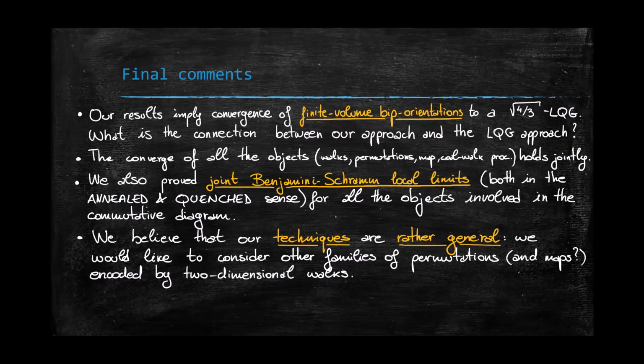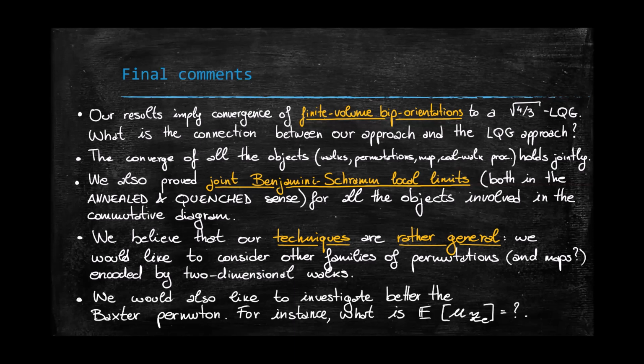And in order to find families of permutations that are encoded by two-dimensional walks, we think that a key tool is to use families of permutations that have been enumerated using generating trees. And recently, I developed a technique to sample uniform permutations in these families using some types of two-dimensional walks.